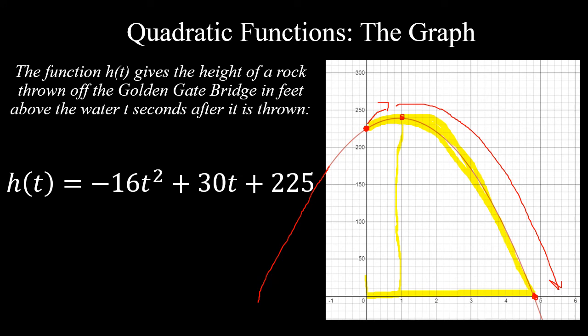So you can clearly see our domain and range there. But I want you to see that when we're talking about real world context, we're only talking about pieces of these graphs. This is the piece of the parabola we're concerned about, but if I extended this out, it would be that lovely parabola shape that we've been talking about. That's the mathematical graph for this.